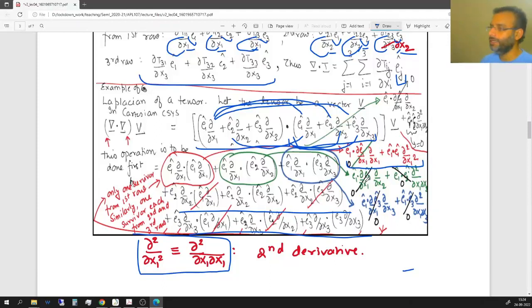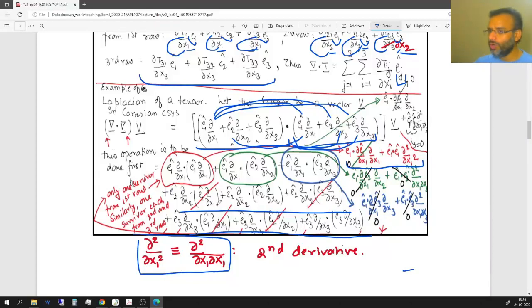That takes it away. If you go to the third term here, if you insist, you can write 2 terms again out of it. First will be 0 because E3 doesn't change with x1, and then the second term will also be 0 because there a dot product is happening between 2 different unit vectors, E1 and E3. So that will also go. So in summary, the first row of terms has only one survivor, and that is del square/del x1 square.